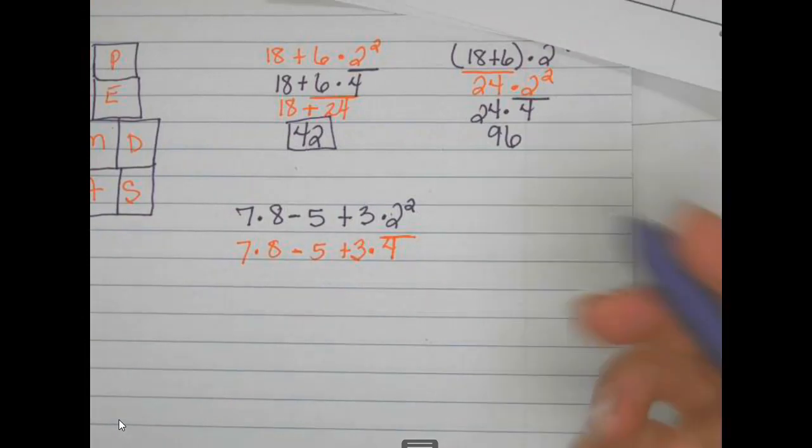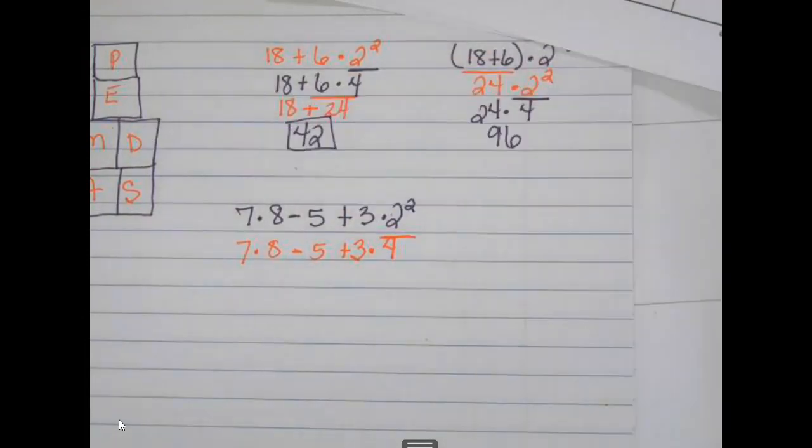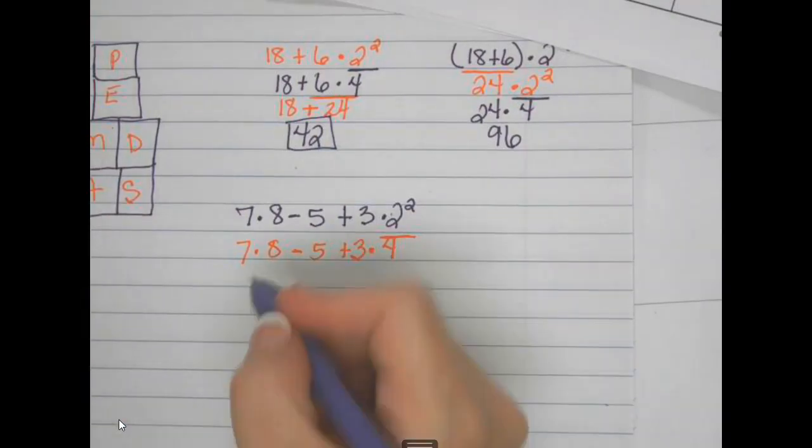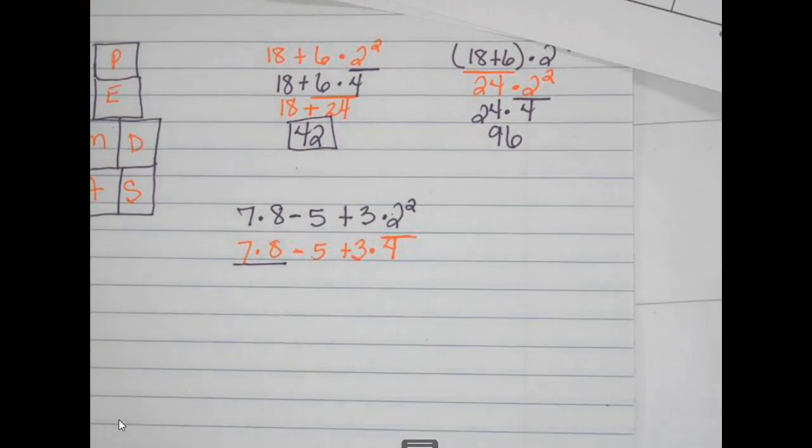Now, do we have any more exponents? Do we have any multiplication or division? Yes. So I am going to read from left to right for my multiplication. 7 times 8. So I'm going to stop there, and that's my multiplication. What is 7 times 8? 56.